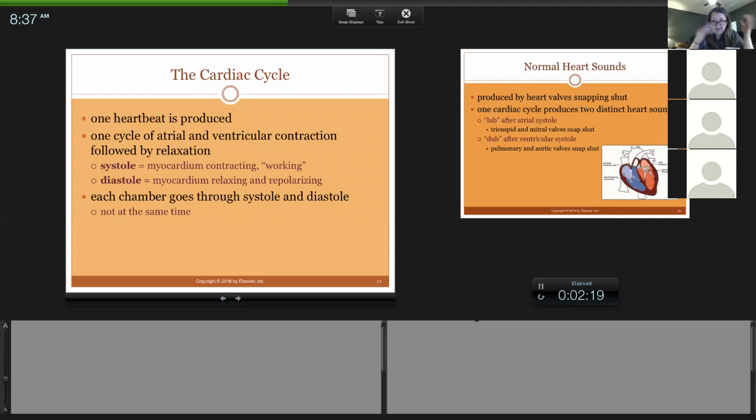Think relax, repolarize. But if you remember, in order to get those muscles to contract, you had to send a nerve impulse. Remember, depolarization is when the polarity changes and then the signal is sent. That initiates the muscle contraction. But it has to always go through a repolarization before it can depolarize again.